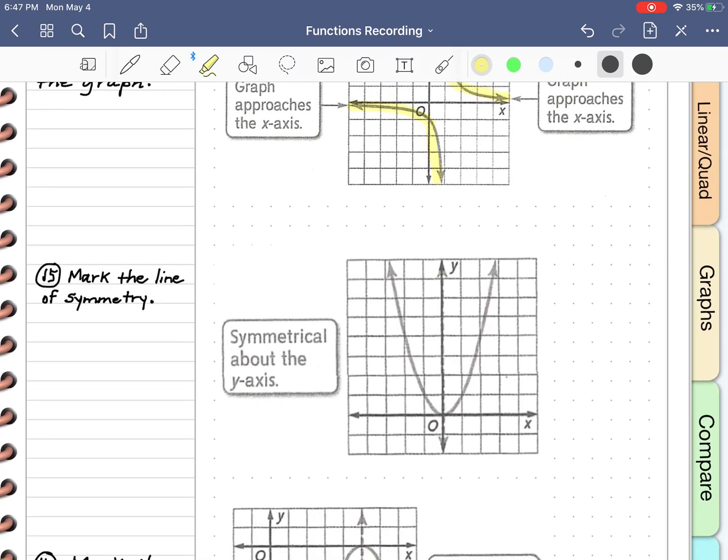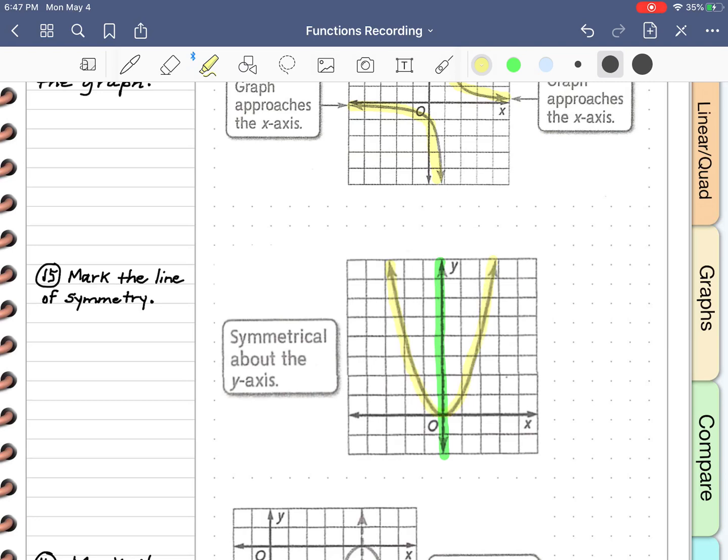This one wants me to mark the line of symmetry. So if I were to put a mirror into this picture, where would that mirror be? It would be right here. That line of symmetry right there is where the mirror would sit, because the graph is divided in half.